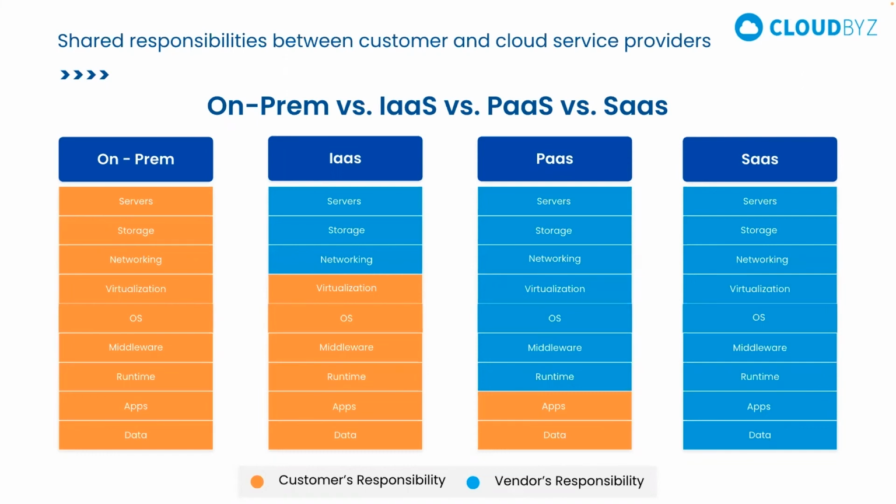So in this slide, you can see the relation between the cloud providers and the customer. On the left side is on-premise applications, which are the set of challenges and controls you need to see. And on the extreme right side, you can see the SaaS. So both are opposite to each other.